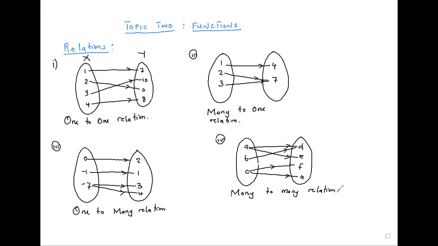So now we have 4 relations that we'll talk about. So then our target is to check which of these relations are functions. For us to check, we must have a definition of what a function is, so that we go there and check using our definition which of these relations is going to be a function.